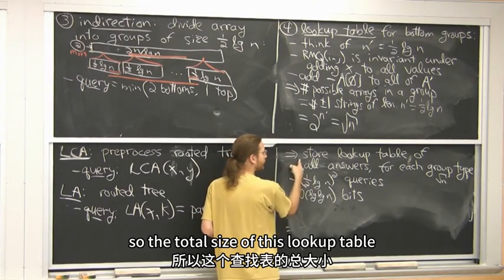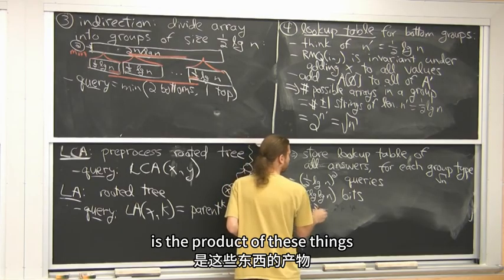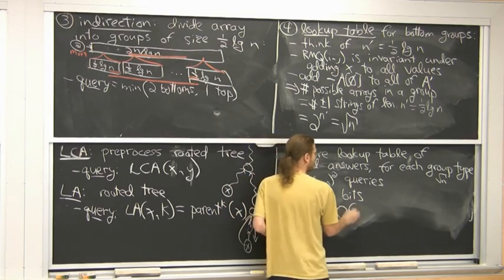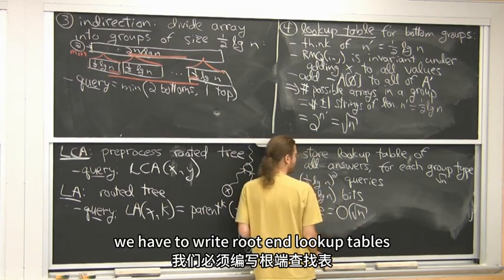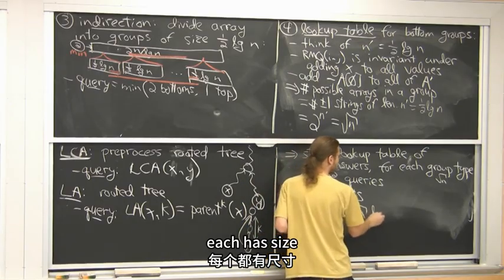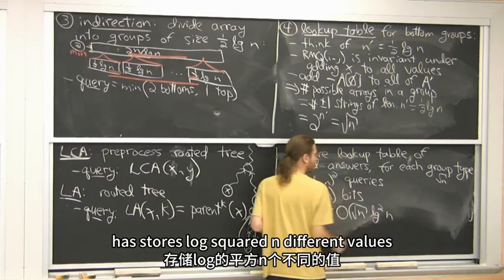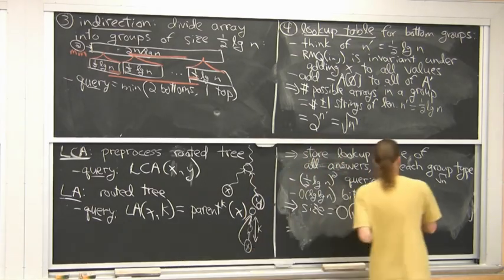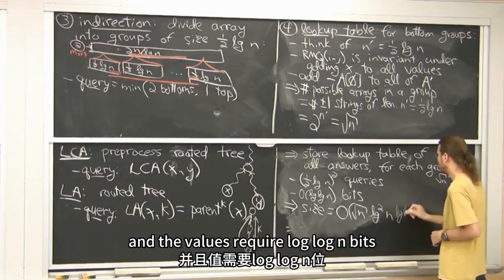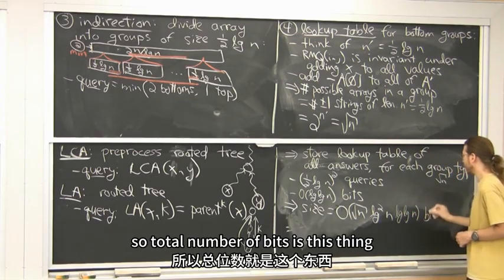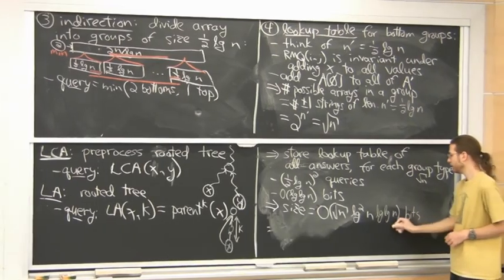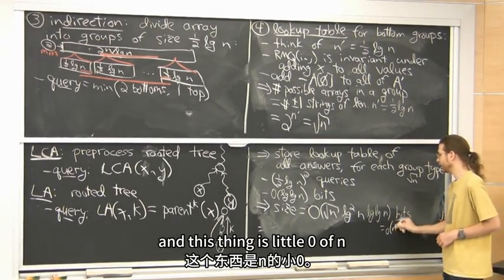So the total size of this lookup table is the product of these things. We have to write root n lookup tables. Each stores log squared n different values, and the values require log n bits. So the total number of bits is this thing, and this thing is little o of n.